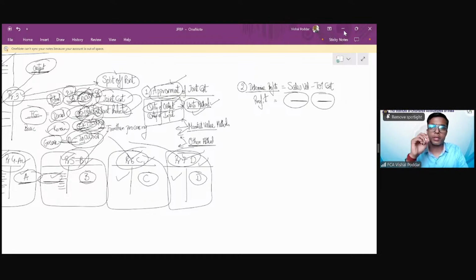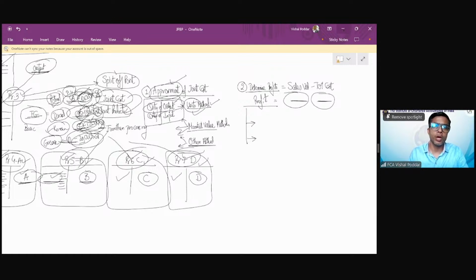Now, once you get this profit, your profits can be computed at two stages. You will be required to determine the profits either at both stages or at one of the stages, as asked in the question. What are these stages?